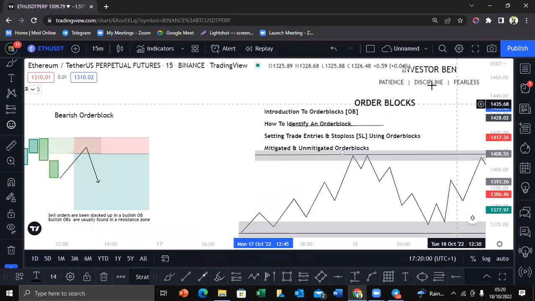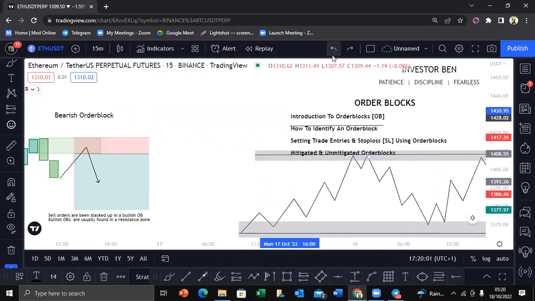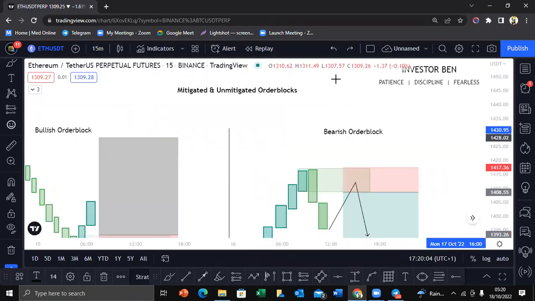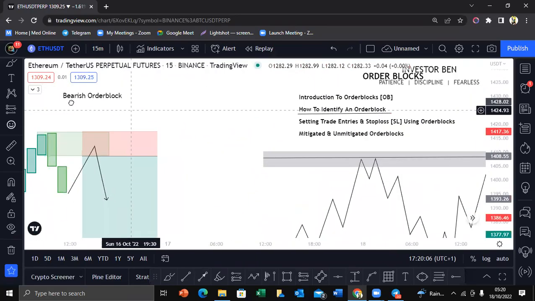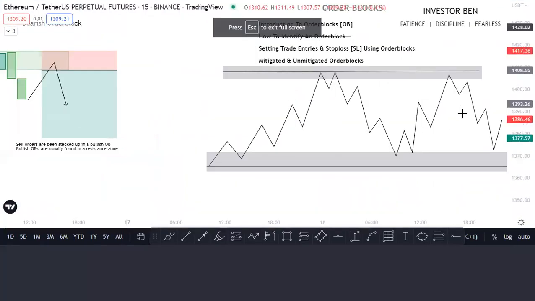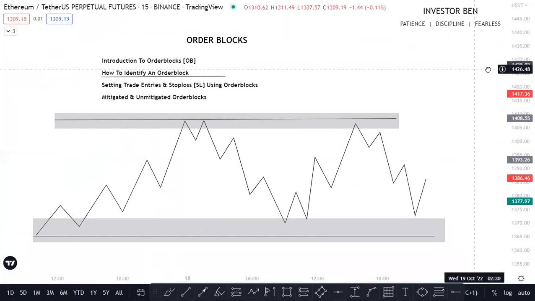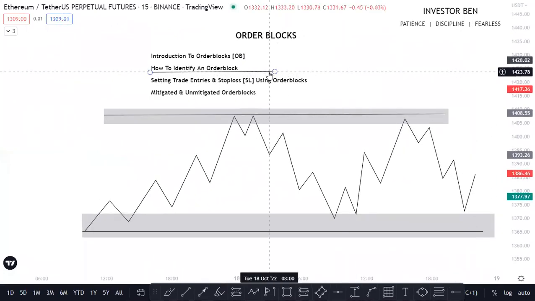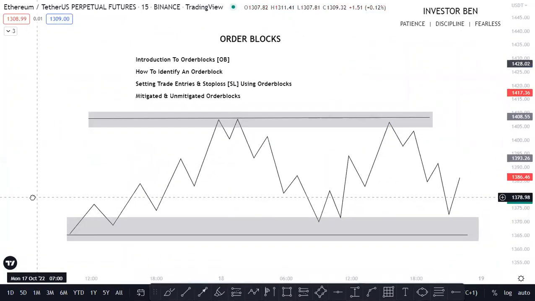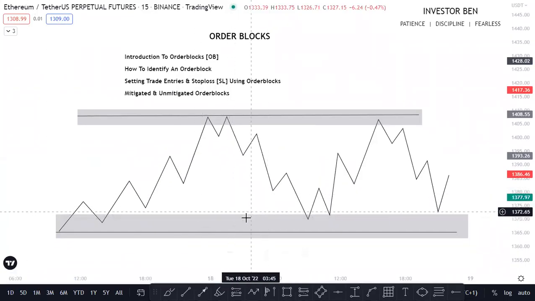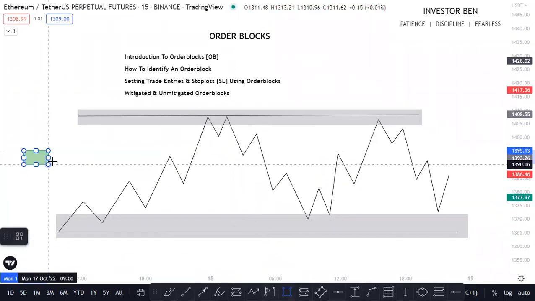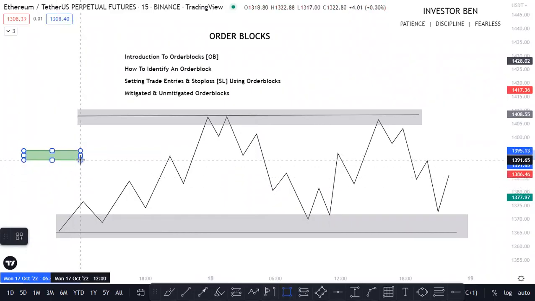Oh my God, what am I doing? Okay, so looking at this support and resistance level, let me take out something.